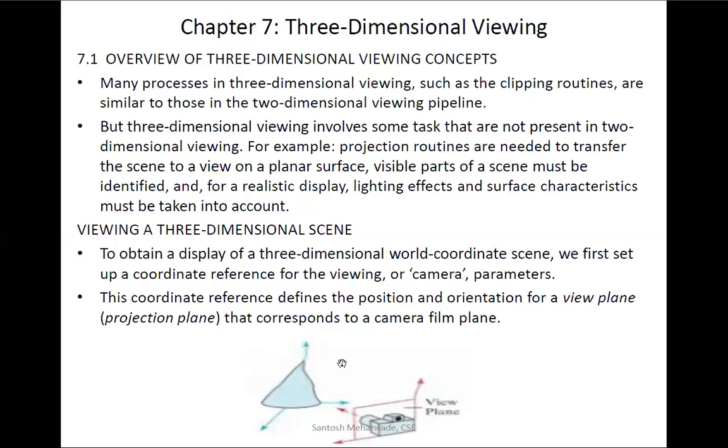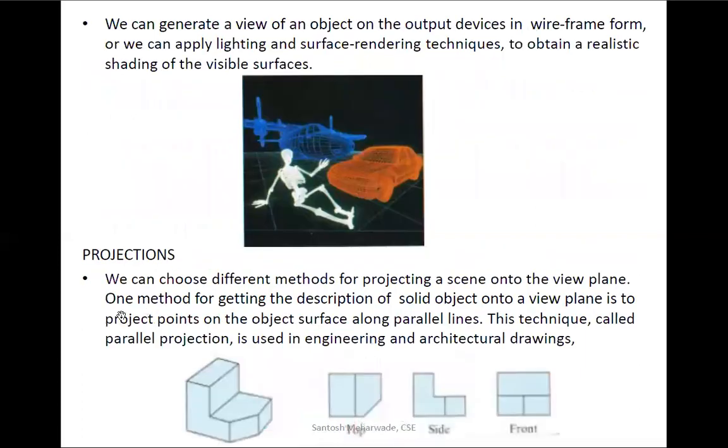In simple terms, the view plane is a plane on which all the viewing related projections are going to fall. We call it a view plane, or a projection plane, meaning a plane on which all the projections coming from the object are placed.